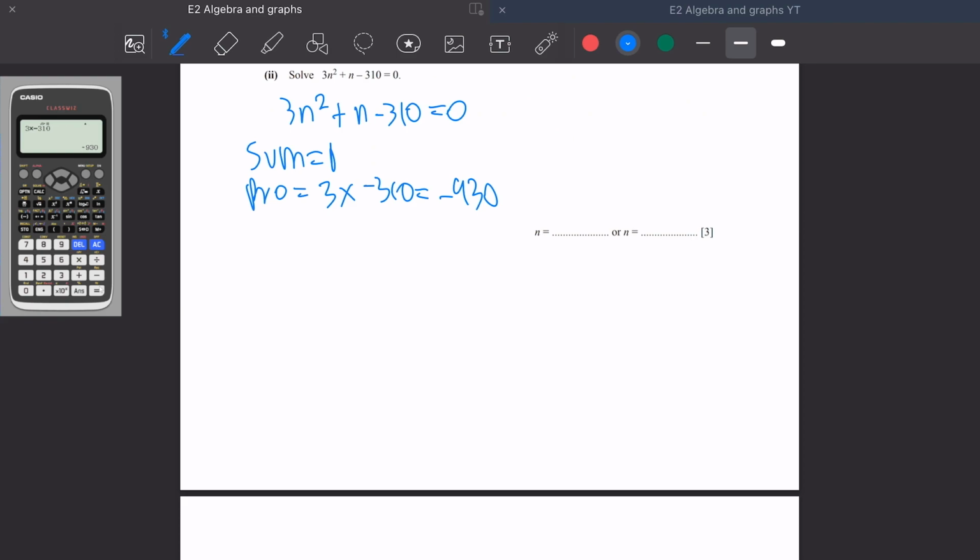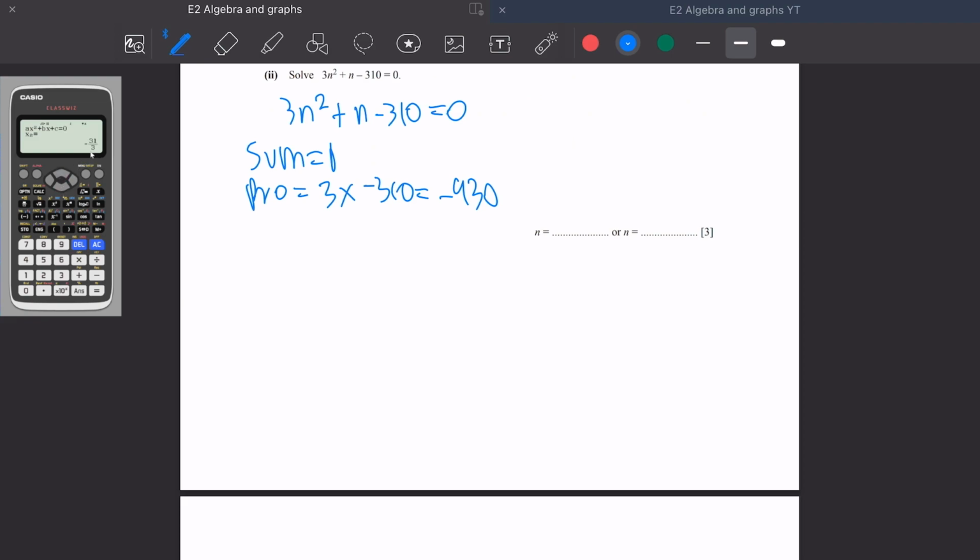Sometimes when the quadratic equation looks complex, just go to the quadratic solver, substitute the values 3, 1, minus 310. Now you'll get two values. n is 10 and n is negative 31 by 3.